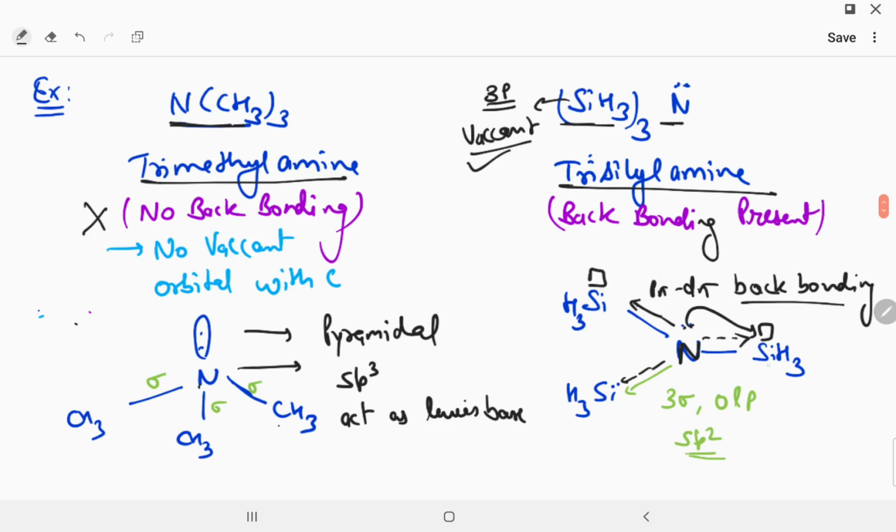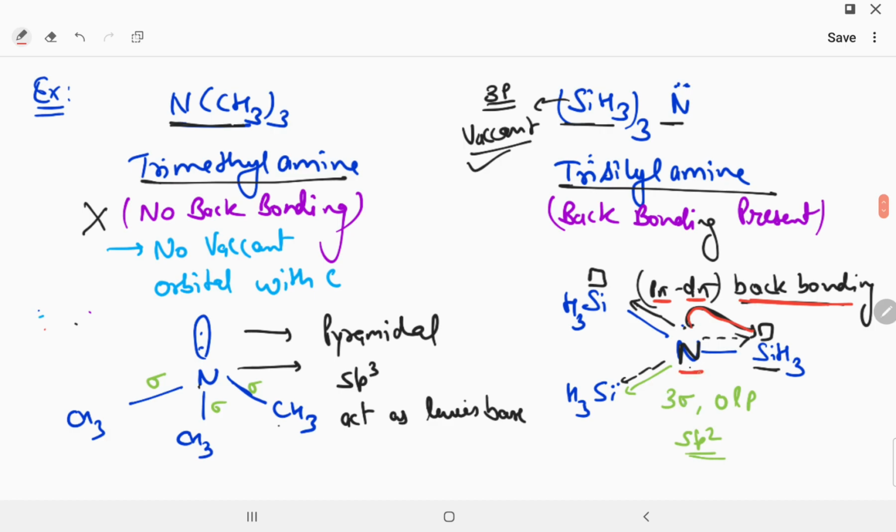So right now this is silicon and this is nitrogen, so they will make a bond between p pi and d pi orbital, not p pi p pi. This makes a p pi d pi bond, so we can say it will show p pi d pi back bonding.